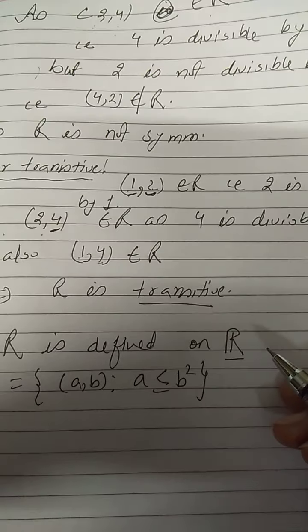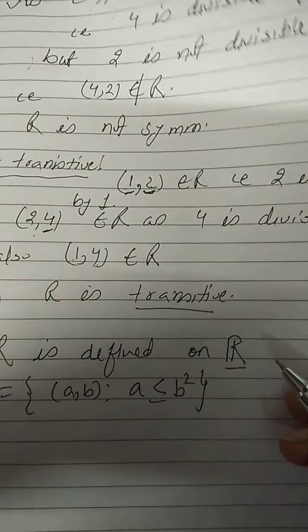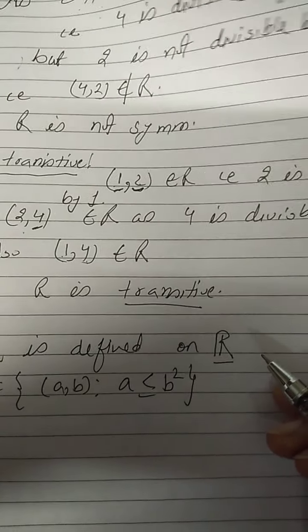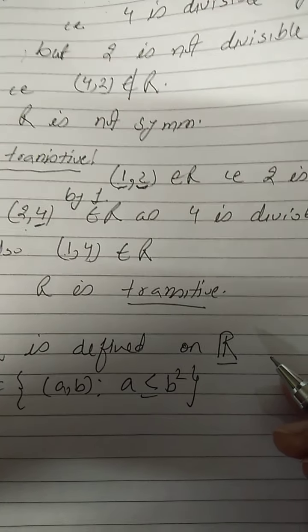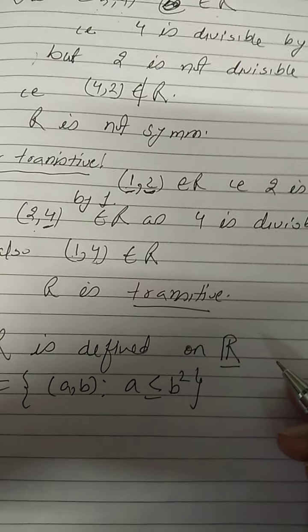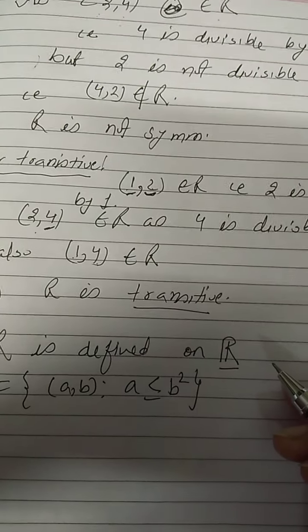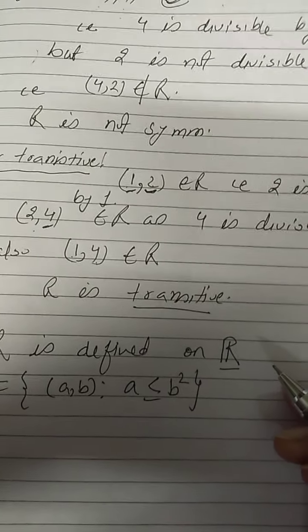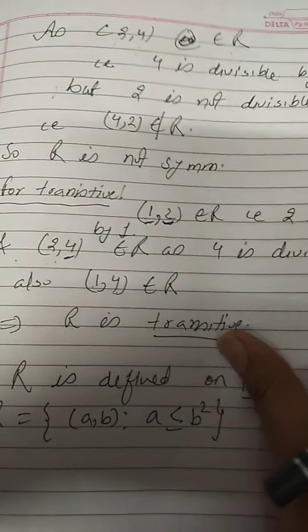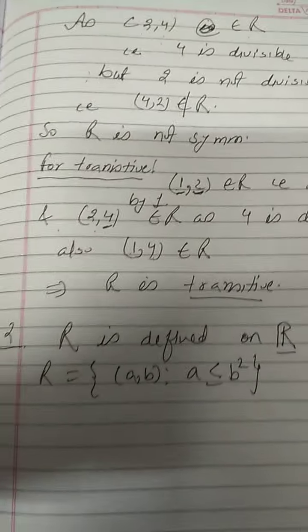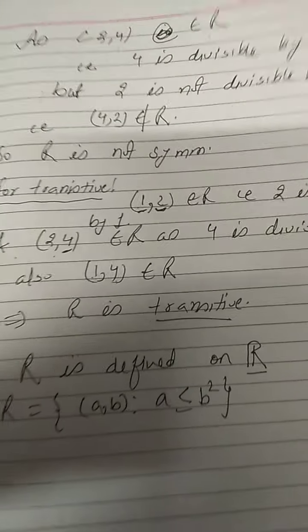If I can find a single example to prove it is not reflexive, a single example to show it is not symmetric, and a single example to show it is not transitive, then the purpose is solved. So here we are supposed to find such examples where we can show that the relation is not reflexive, not symmetric and not transitive.